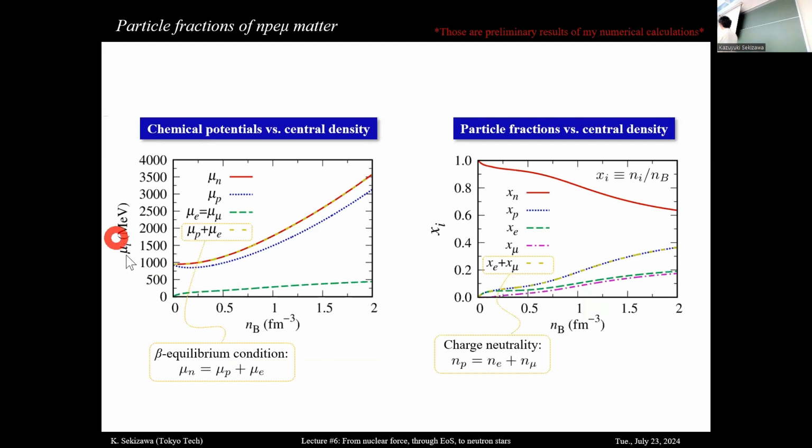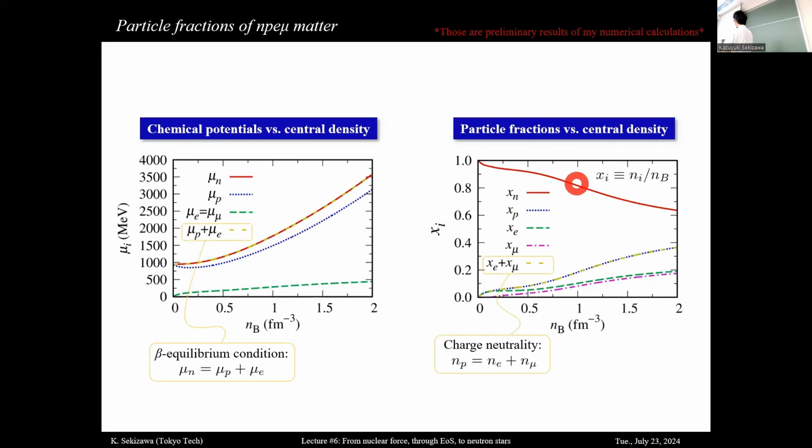For instance, this is the chemical potential as a function of central density. When we change the central density, the chemical potential changes like this. The neutron and proton chemical potentials are much larger than the electron one, and they grow with density.